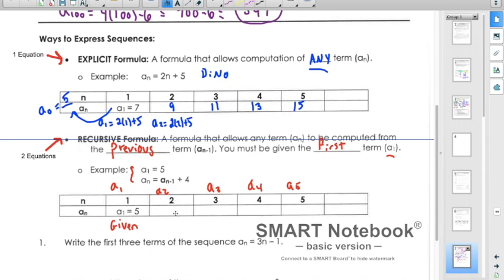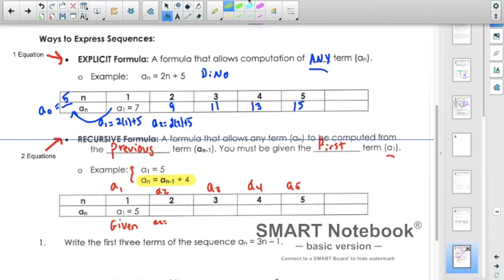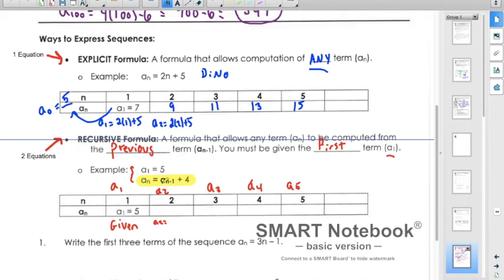Well, it's actually quite simple if you can pick up on it quickly, but again, it takes some practice. If I want to find a sub 2, I am looking at this form here. I'm looking at a sub n equals a sub n minus 1 plus 4. And what is a sub n minus 1?